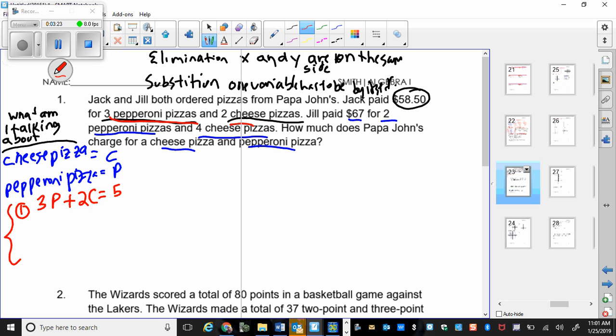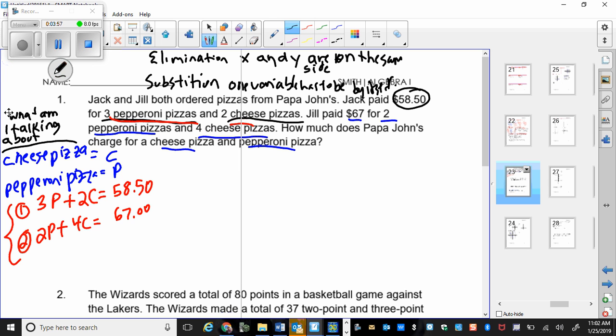Okay, there's equation number 1. All right, 2 pepperoni pizzas, so 2 P's plus 4 cheeses equals $67. So it looks like variables are on the same side. So we might be using the process of elimination here, but we got a lot of work to do. But you're going to do it.